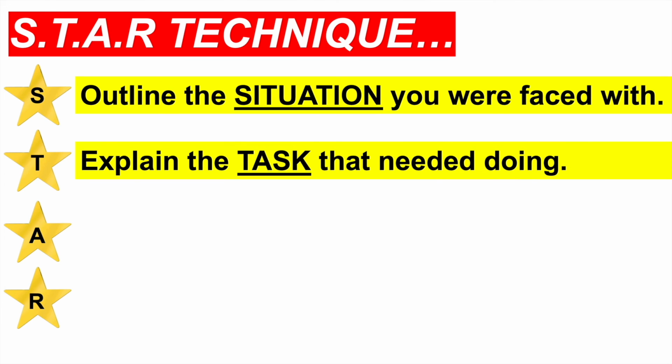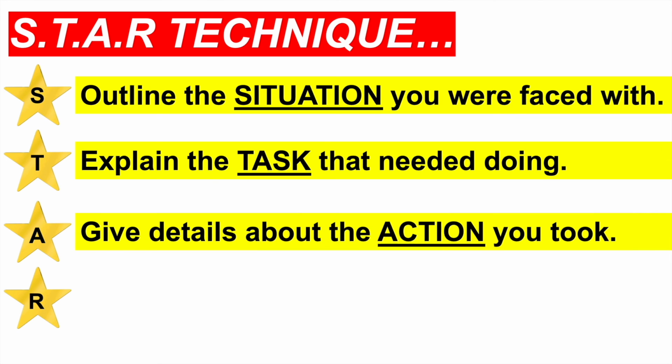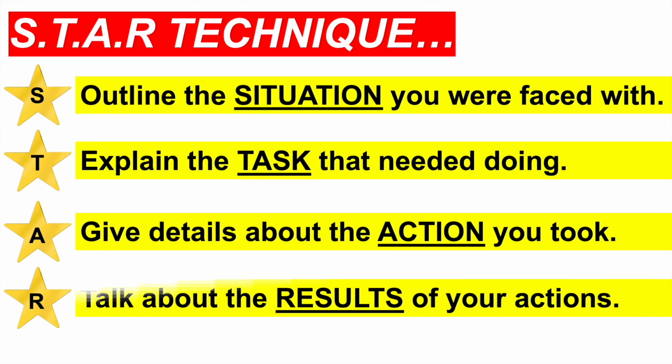You then move on and outline the task that needed your attention. You then move on and give in-depth details about the action you took. And then finally, you finish your answer and talk about the results of your actions. And it's really important to make sure the result is a positive outcome for your team or company.